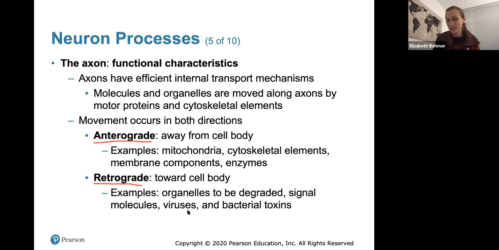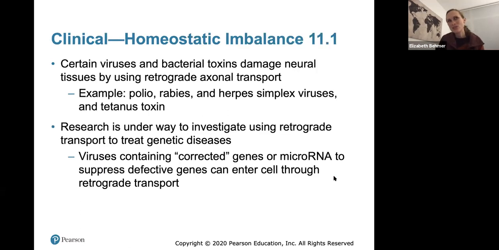This is how viruses and bacterial toxins move, retrograde, because the signal is going back towards the cell body. And this is interesting because certain viruses and toxins can actually damage neural tissues by using retrograde axonal transport, meaning that they will travel to the cell body and damage the cell body of that neuron instead of moving away from the cell body.